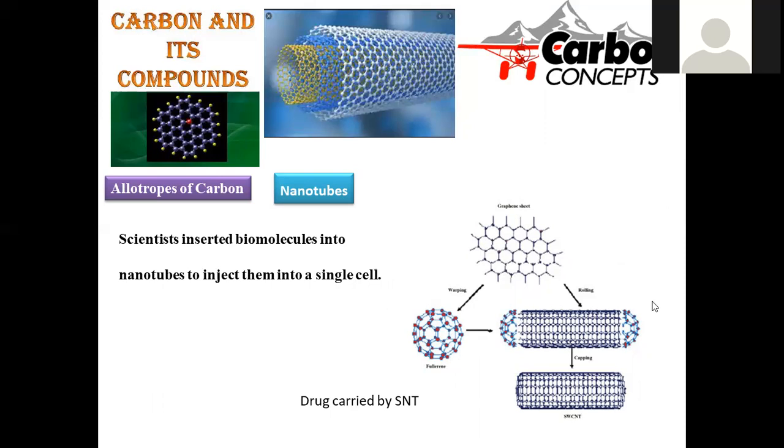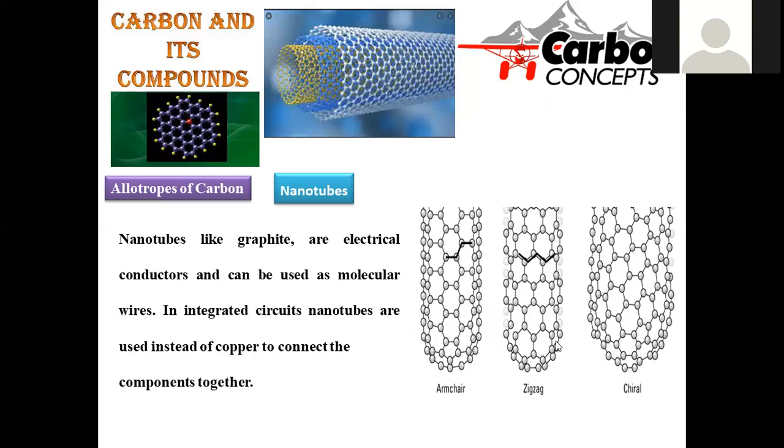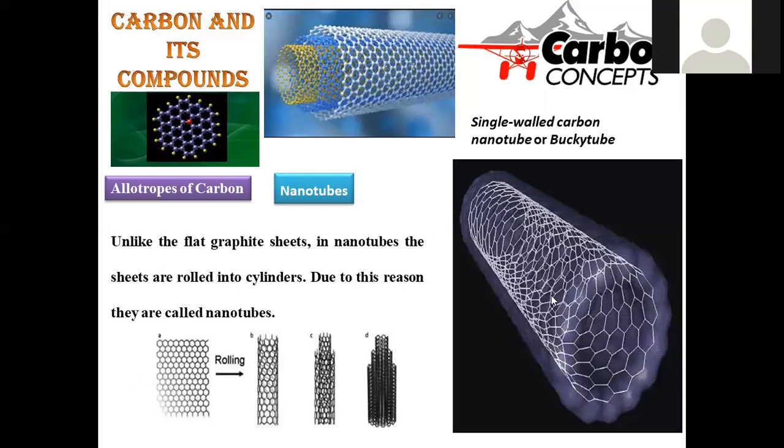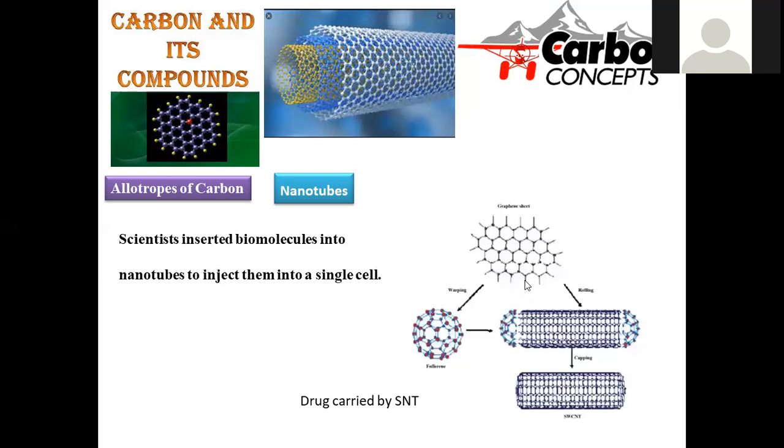So again, here you can find the drug carrying capacity of these nanomaterials, because the interior region of the cylindrical material is completely hollow, where we can insert the drug material or any material which we want to inject at the specific receptor site in the diseased organ.